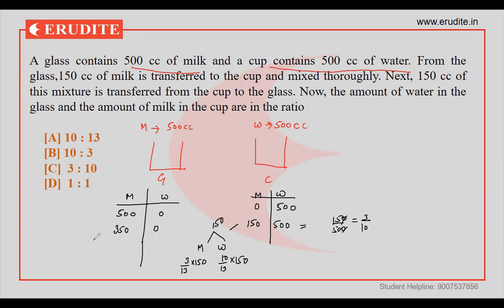So now the new milk in the glass is 350 plus 450 by 13, and the water is 1500 by 13. Now they ask for the ratio of the amount of water in the glass and the amount of milk in the cup. Milk in the cup: initially it was 150, and 450 by 13 has been transferred, so the remaining is 150 minus 450 by 13.